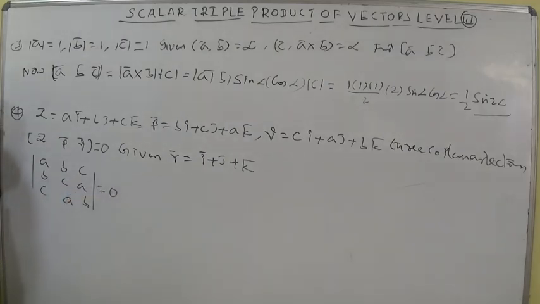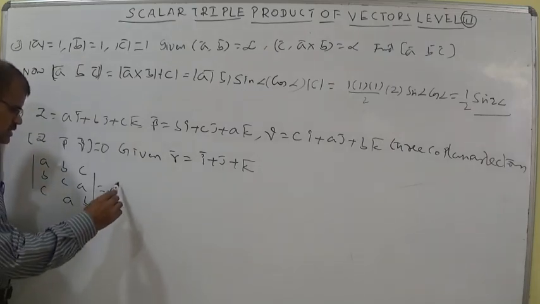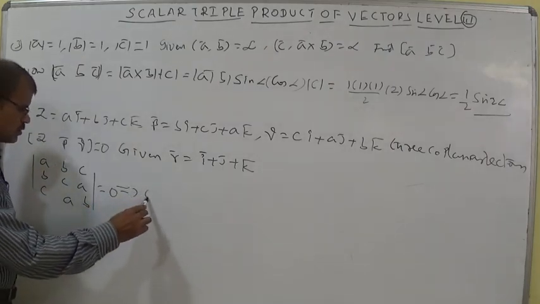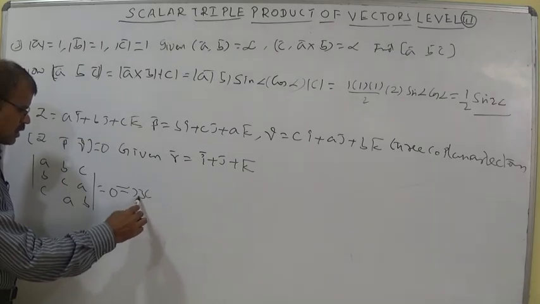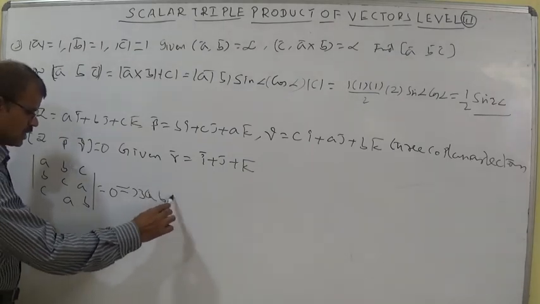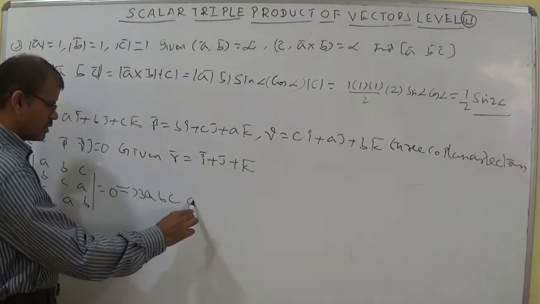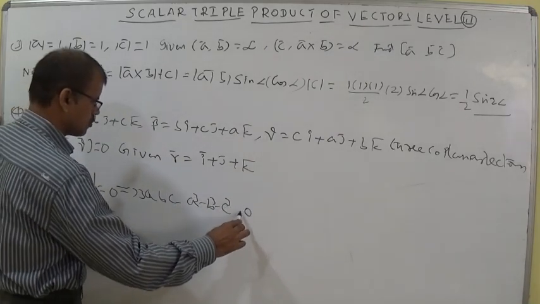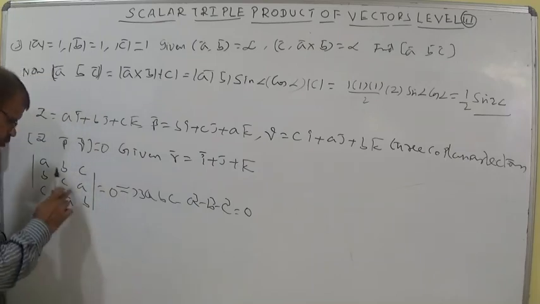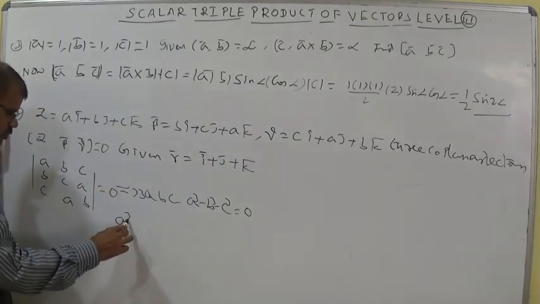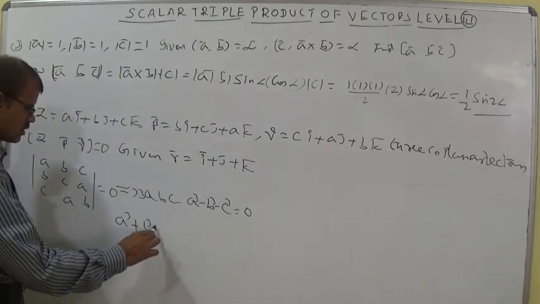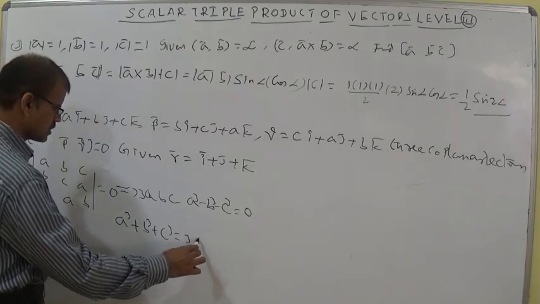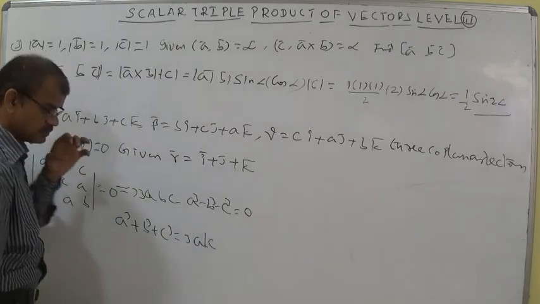We have done this sum in matrices, in example 2 I think. You can get the value 3ABC minus A cube minus B cube minus C cube equal to 0, you can write. You will get like this only. So you can say that A cube plus B cube plus C cube is equal to 3ABC.